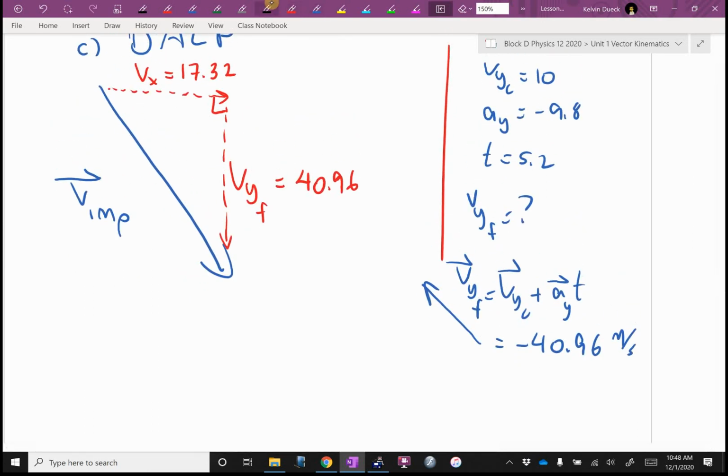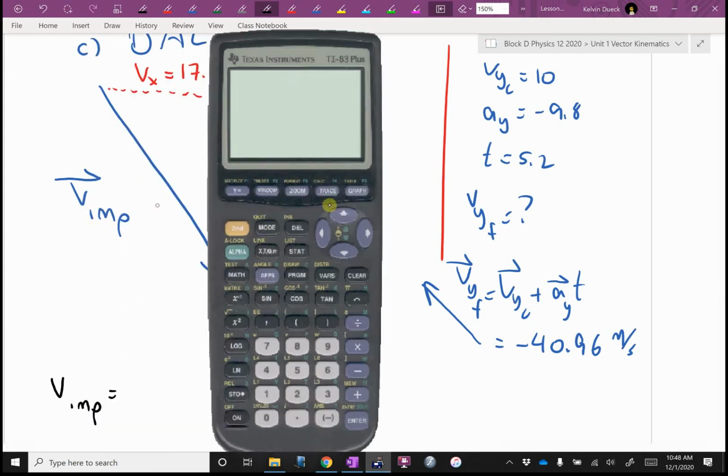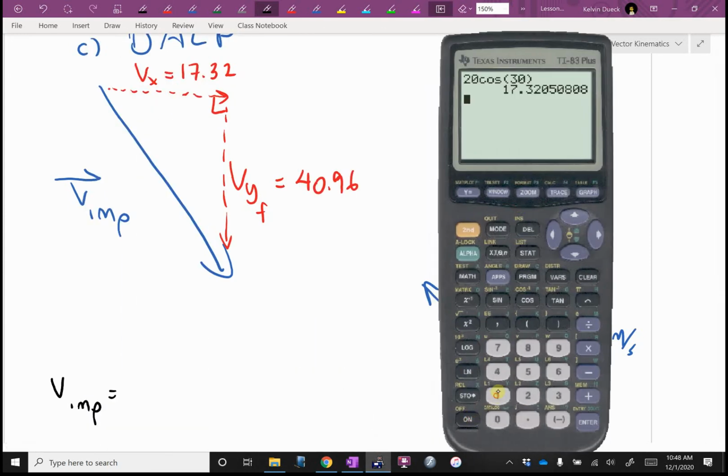So the magnitude is going to be 17.32 squared plus 40.96 squared, square root. 44.4713, 44.5. Oh, final answer, Wes.